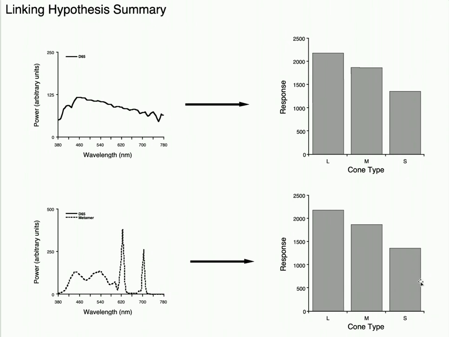And if we have two different lights and they produce the same excitations in those three classes of cones, then our linking hypothesis between trichromacy as a behavioral observation and trichromacy as a biological observation is that two lights appear the same, or are metamers, when they produce the same excitations, or excitation rates if they're on steadily, in the three classes of cones, as shown here by just observing that the L cone bar and the L cone bar match, and the M and the M, and the S and the S. It's this biological outcome that we think is the mechanism for the trichromacy that we've talked about before.